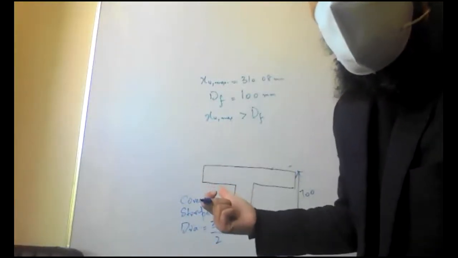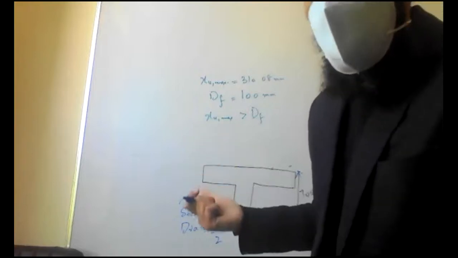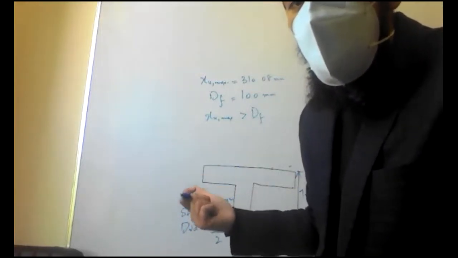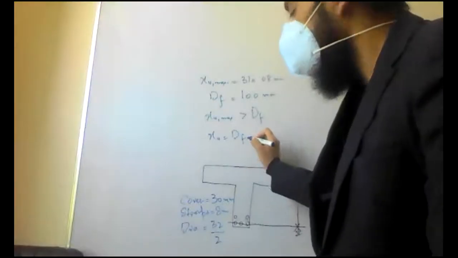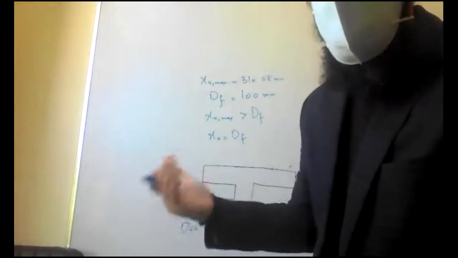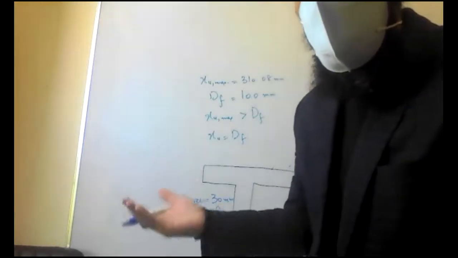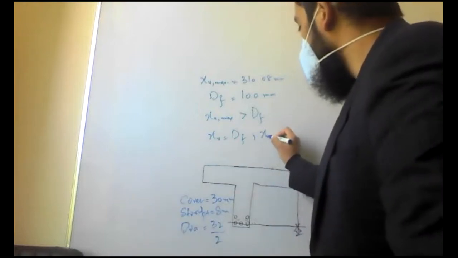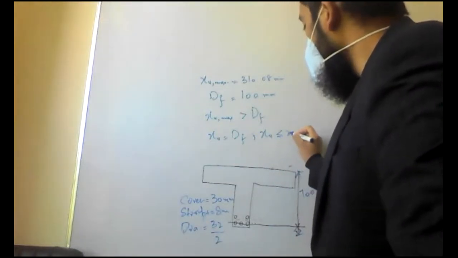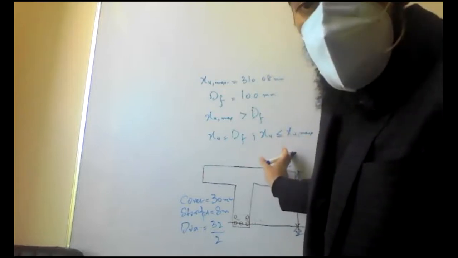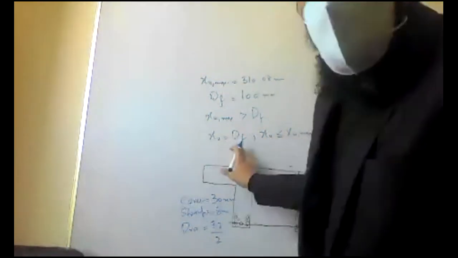Thereby, which condition does arise now? The condition that arises is, if XU is equal to DF, because overall your XU max is now greater than DF, so your XU can be equal to DF. Then it has to satisfy XU less than or equal to XU max. It has to satisfy this for under reinforced design, whereby your XU can be equal to DF.